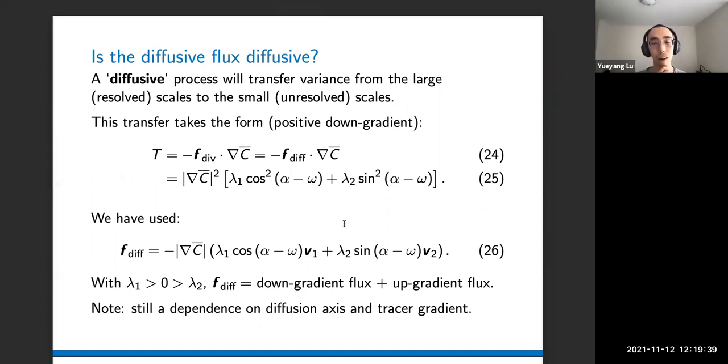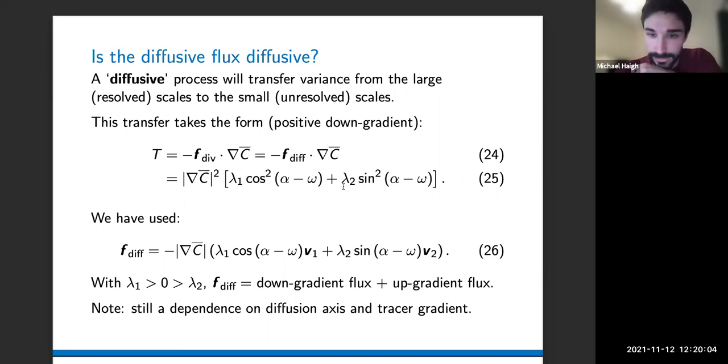Okay, I see. Yeah. So this could also be used as another explanation for the prevalence of opposite signed eigenvalues. If at a given instant on a grid point, one of the tracers has an upgradient diffusive flux and the other tracer has a downgradient diffusive flux, then it must be the case that the eigenvalues are opposite in sign.